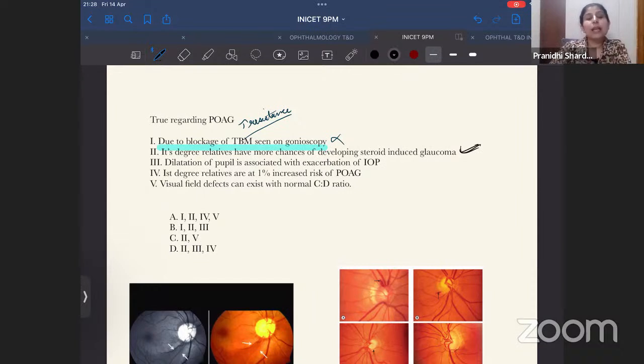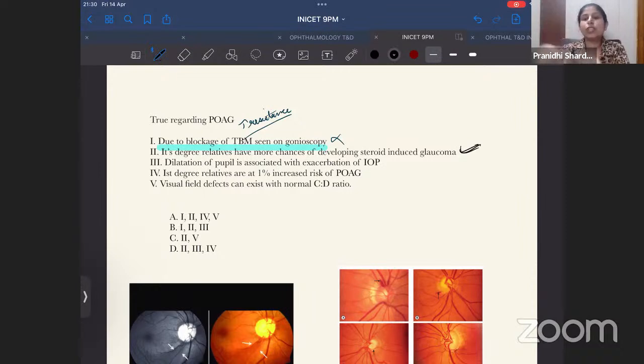Dilatation of the pupil is associated with increase in IOP. We are talking about open angle glaucoma, and dilatation of the pupil causes exacerbation of IOP in angle closure glaucoma, because it can lead to acute angle closure in the mid-dilated pupil. That is the most characteristic feature of angle closure.